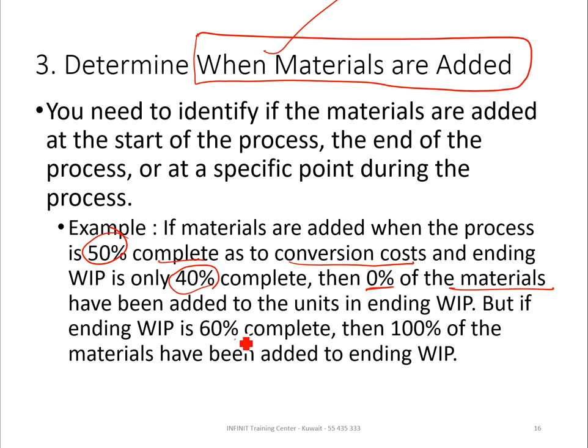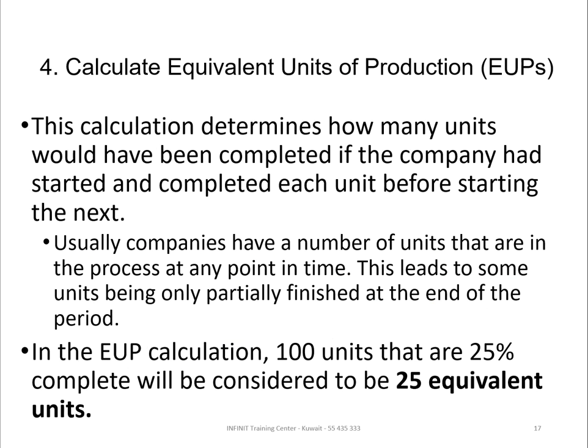But if work in process is 60% completed in terms of conversion cost, that means we added all the material. So to determine if the materials are added or not, we should know at what percentage of production the materials are normally added. This is the third step.